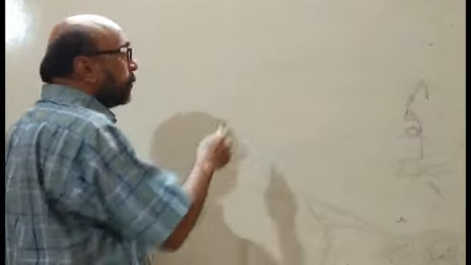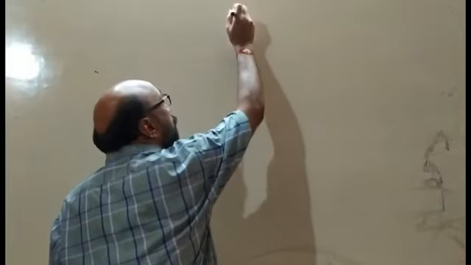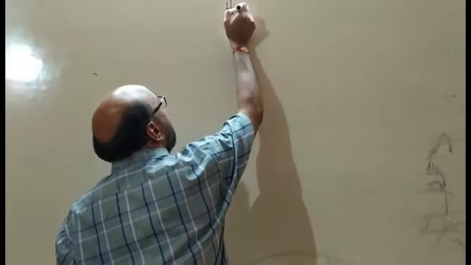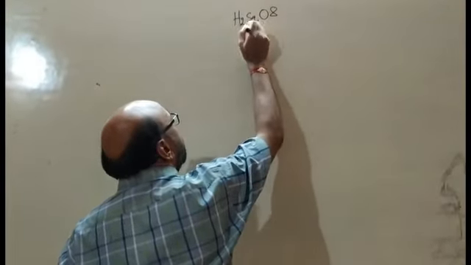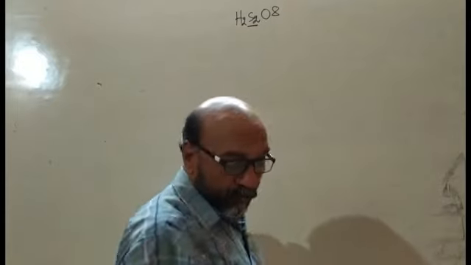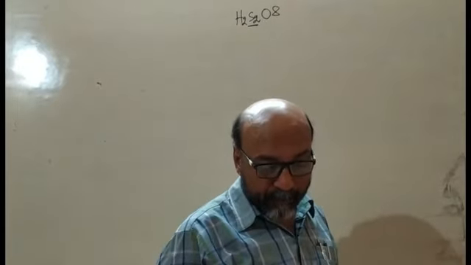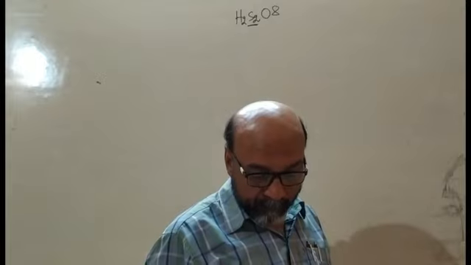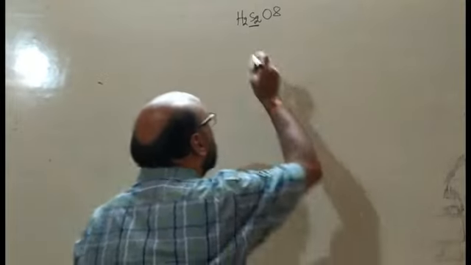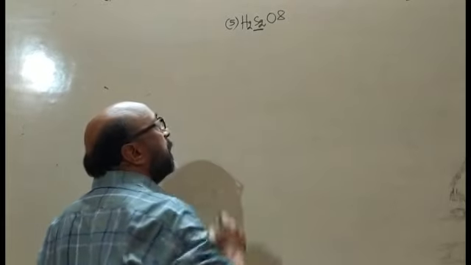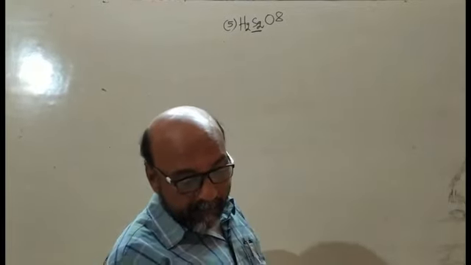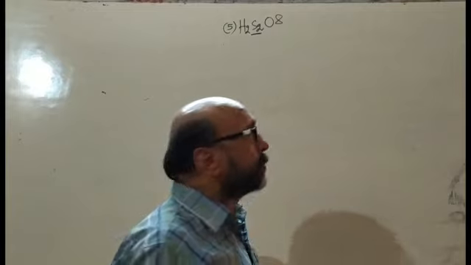Now the next compound which was given to you is H2S2O8, the fifth, in which we have to find the oxidation state of sulfur.